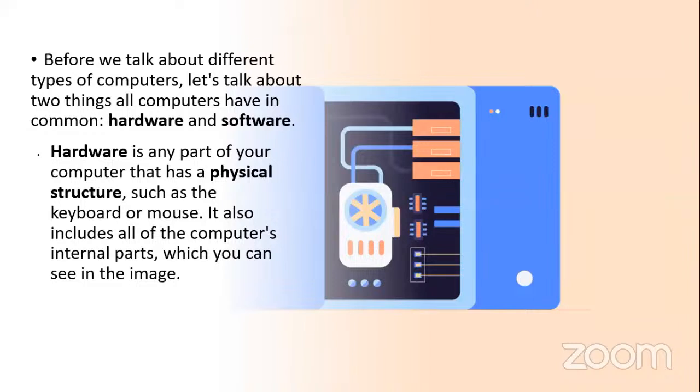Before we talk about different types of computers, let's talk about two things: the hardware and the software. As I explained, hardware is any part of your computer that has a physical structure, the ones you can touch, like your keyboard, your mouse, your motherboard, right?